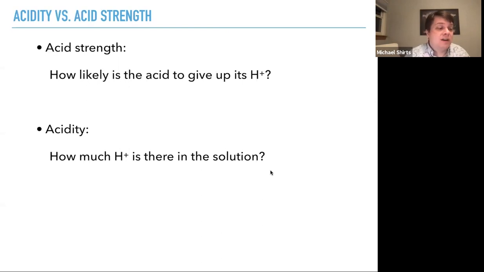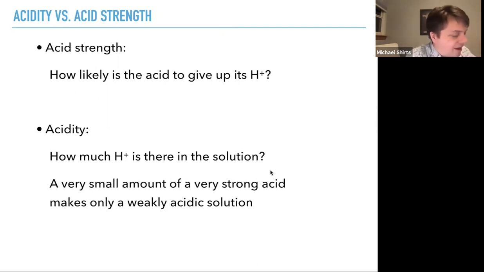If you're judging by the amount of total H+, you could have a weaker acid that has stronger acidity because there's more of it, so you get more H+. The acid strength is a measure of how likely an individual molecule of acid is to give up its H+. So a very small amount of a very strong acid makes only a weakly acidic solution, whereas a lot of a weak acid can make a fairly acidic solution.